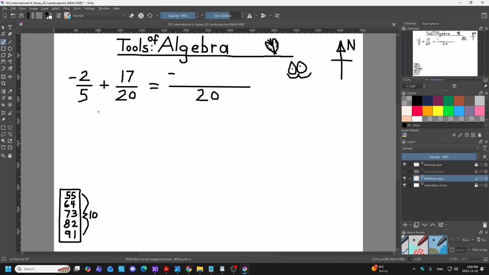Okay, 4 times 2 is 8, plus, this is unchanged because our denominators are the same.